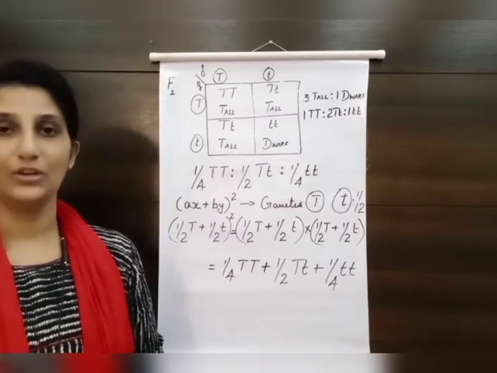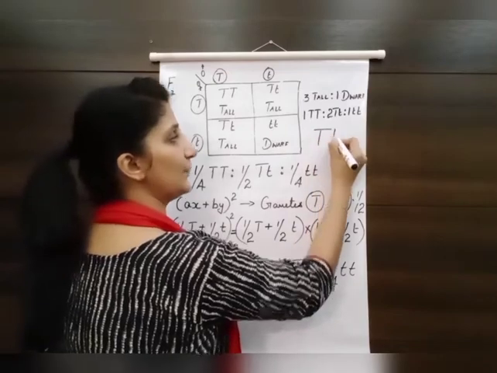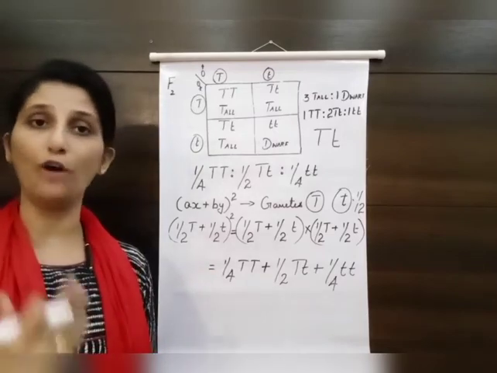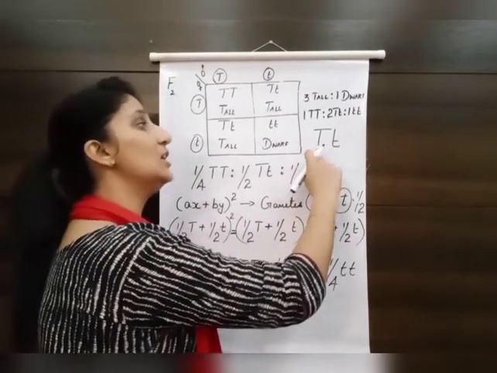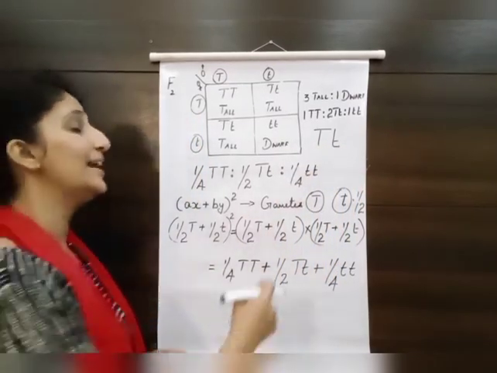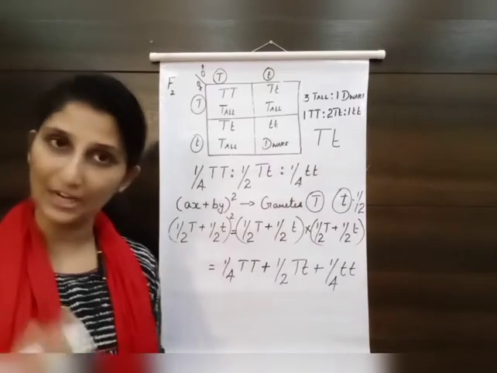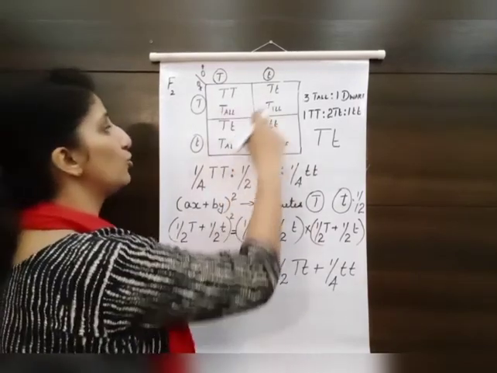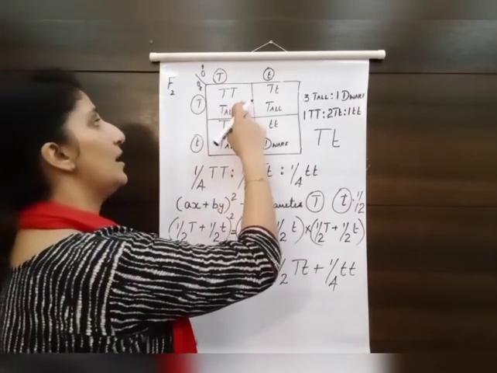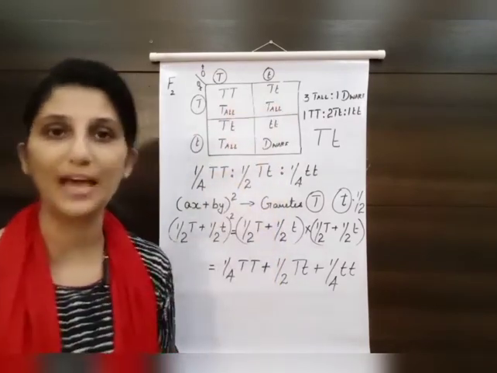Okay, dear children. So we can see that in the heterozygous condition, Tt, the phenotype is tall. It is due to the law of dominance, in which the allele T dominates the other allele, that is t, and this is called the law of dominance. That is why in the F1, all the hybrids are tall, and in the F2, 3/4 of the hybrids are tall, but with a difference in genotypes, that is 25% have the genotype TT, and 50% have the genotype Tt.